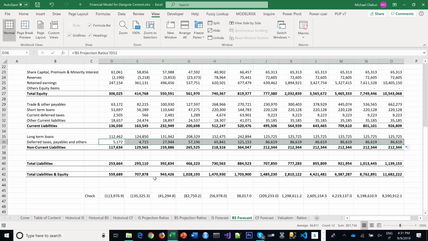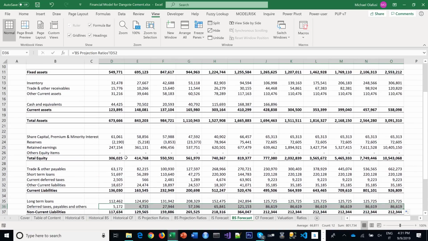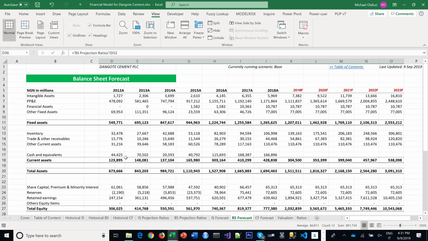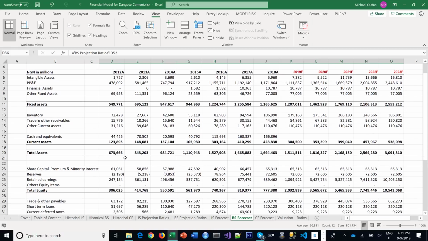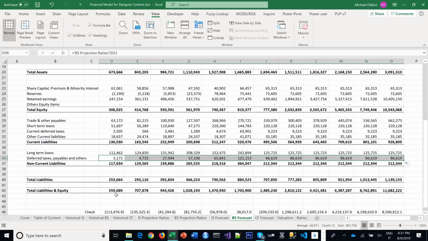and it's not balancing, so something is amiss somewhere. So let's see, what have I missed out? Okay, so I'll go back to the actual and see which is correct.